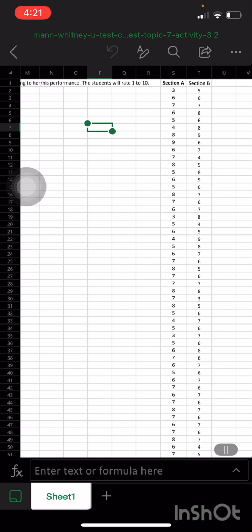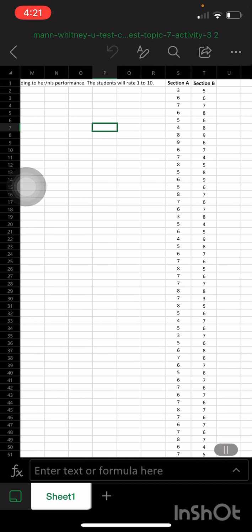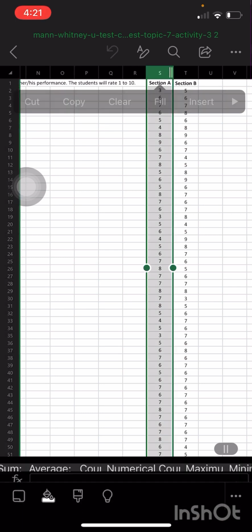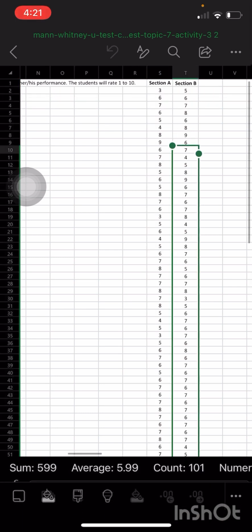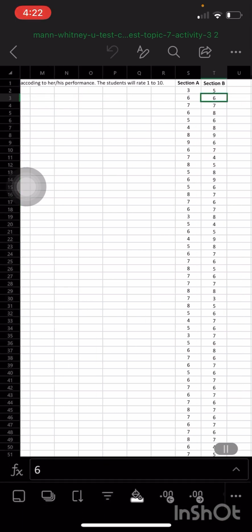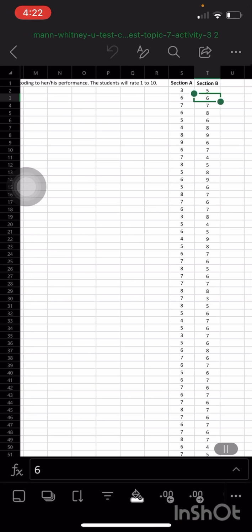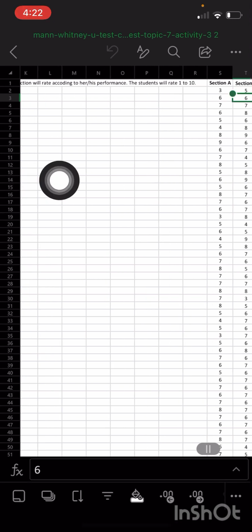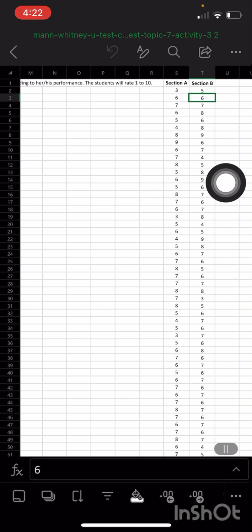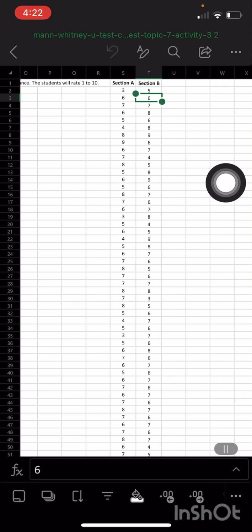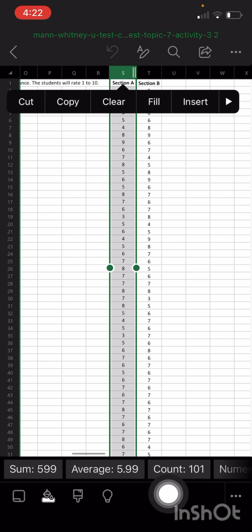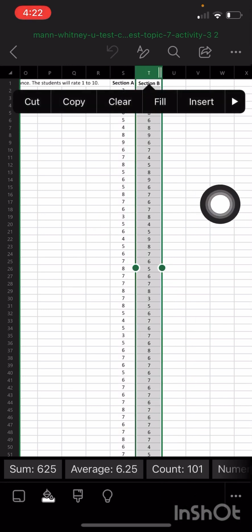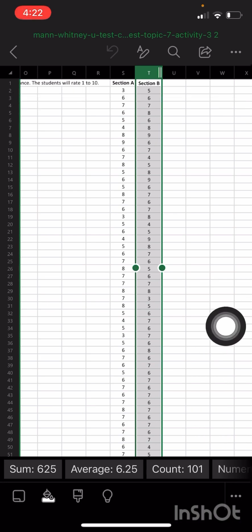So, we created data which is section A and section B, where the rate is of the performance of the practice teacher. In here we created 100 data, actually 200, A and B.